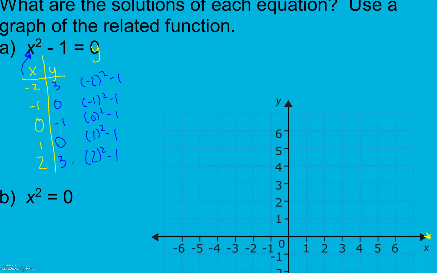Now we can graph our coordinates here. I'm going to be at -2, 3, at -1, 0, at 0, -1, at 1, 0, and at 2, 3. And we connect those dots here.